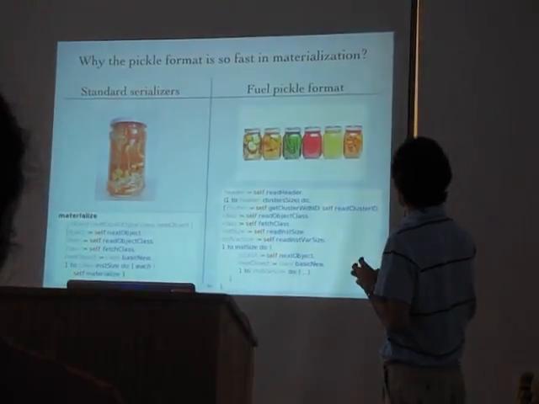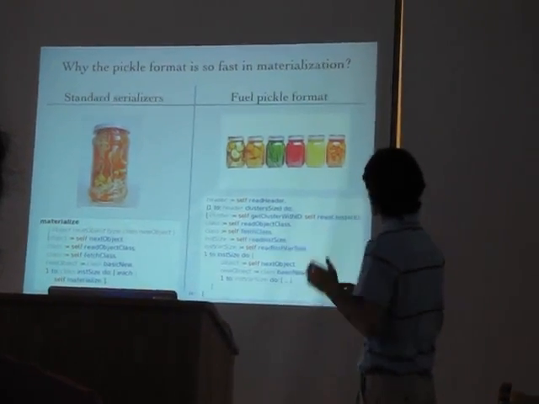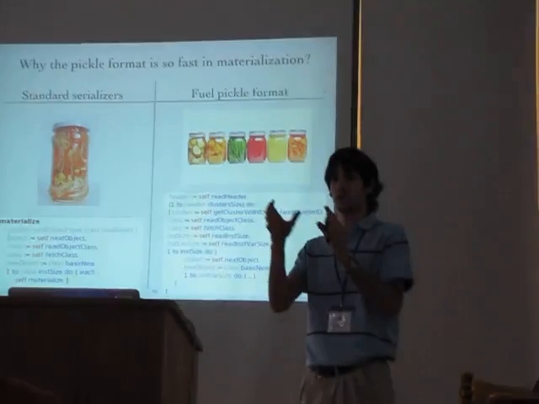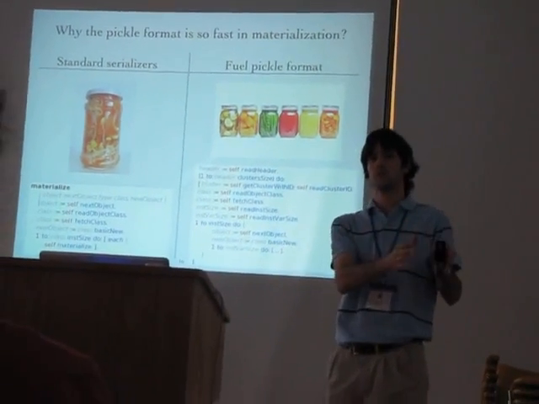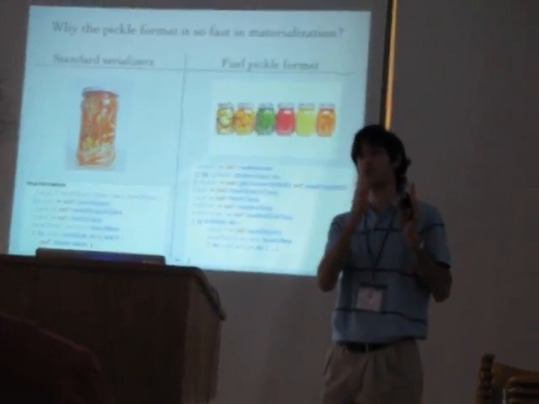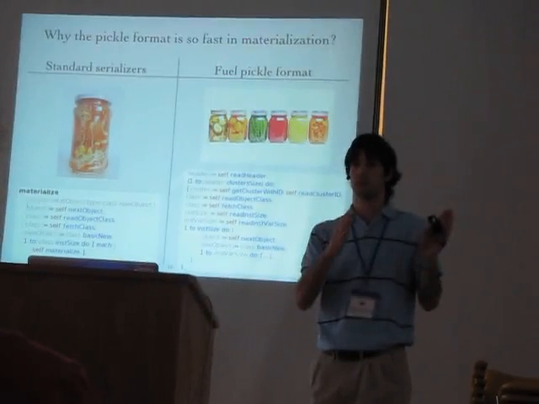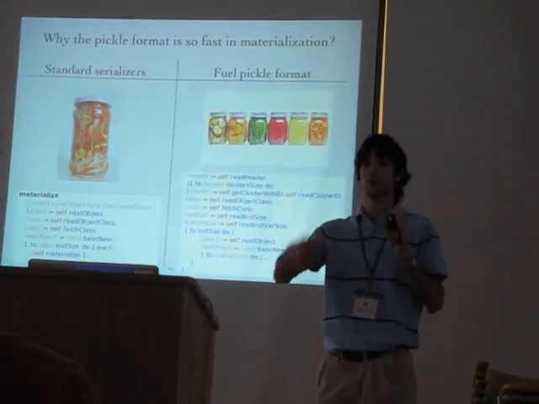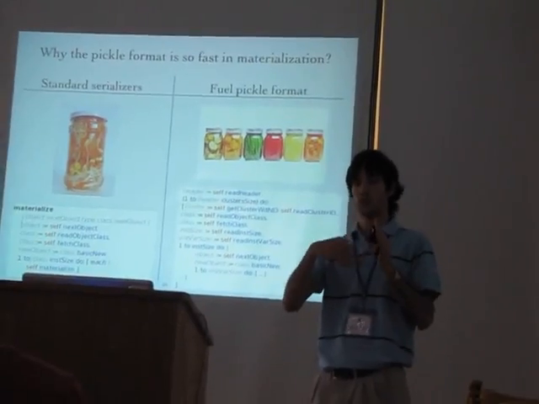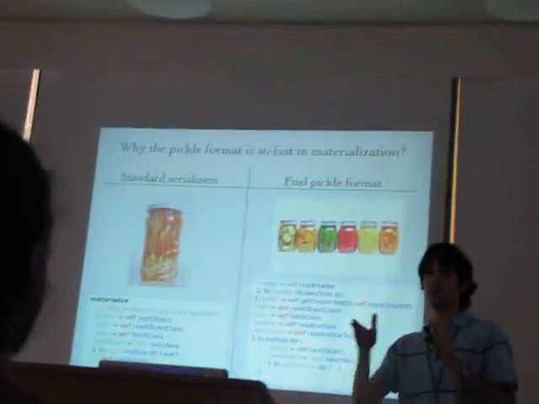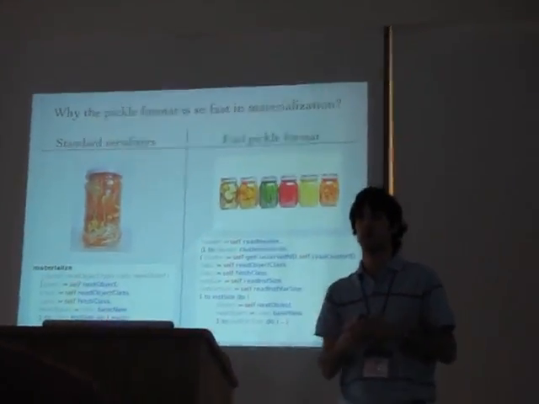With the bigger format, what we can do is that since objects are grouped in clusters, we read, for example, the first cluster, and we know that all the following objects are from the same cluster. So we can just loop and recreate the objects in an iterative way instead of traversing the graph.